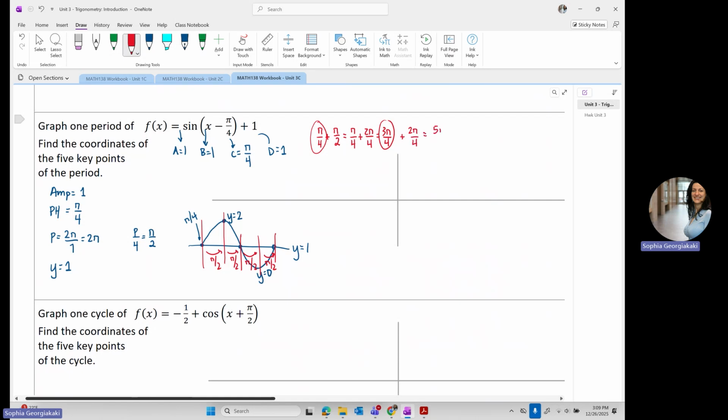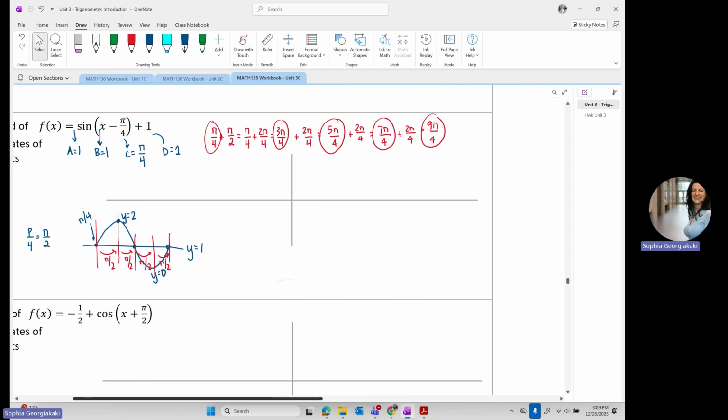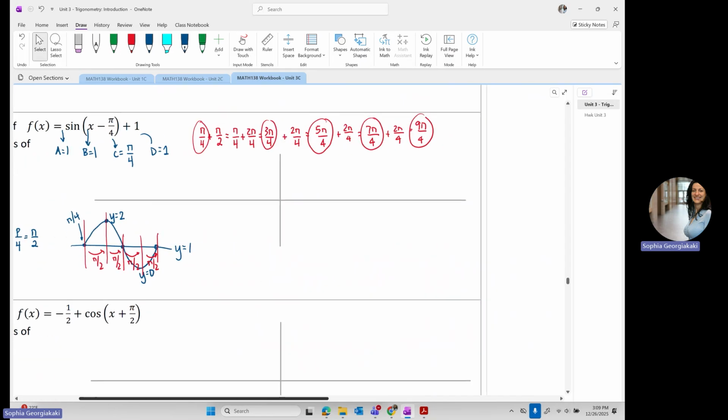I will get to 5 pi quarters. That's my third point. Then I'm going to add another 2 pi quarters to get to 7 pi quarters. That's the fourth point. And then I'm going to add another 2 pi quarters, and I'm going to get to 9 pi quarters. I have all the desired points, so I'm ready to graph.